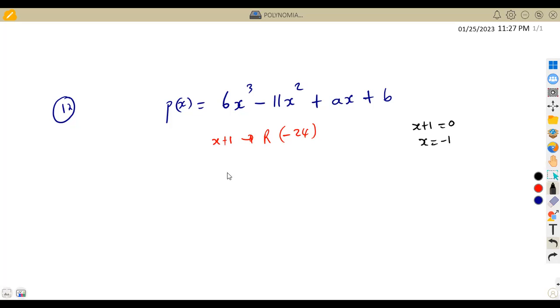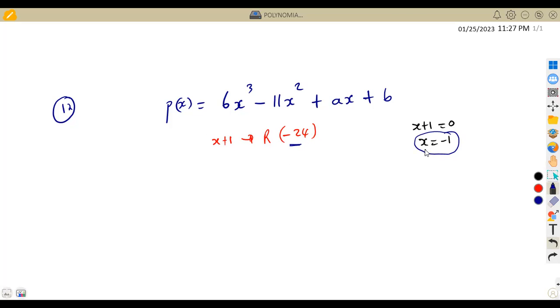If it is a remainder, when you substitute this value of x, which is minus 1, you obtain the remainder. But when it is a factor, if you substitute the value of x, you obtain a 0. Here it's not a factor, because you're told it leaves a remainder of negative 24.